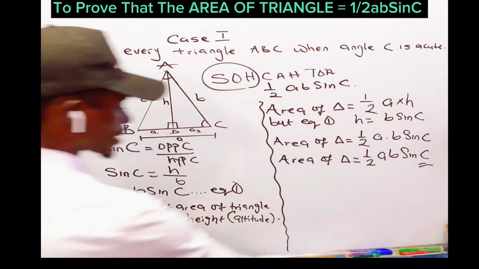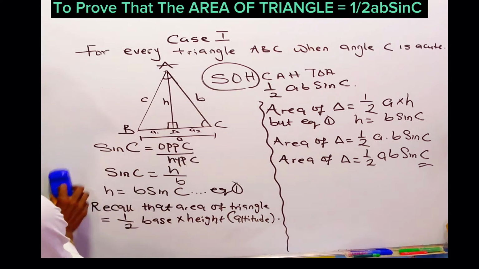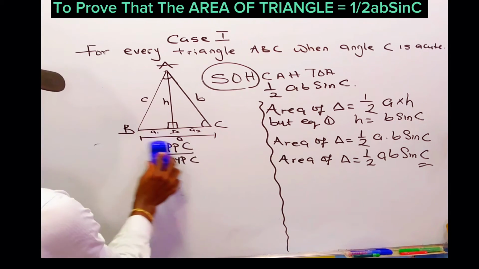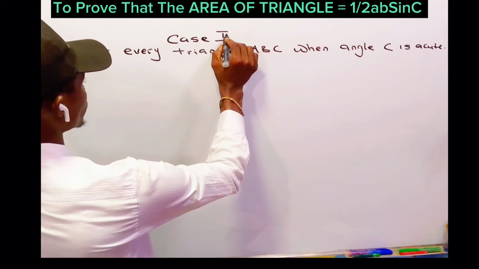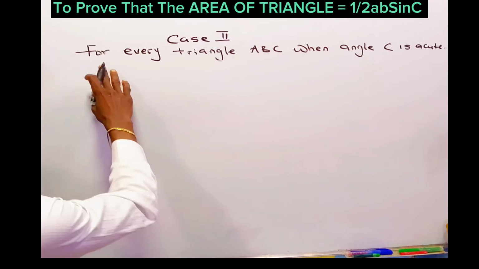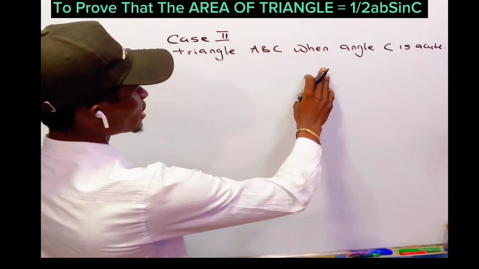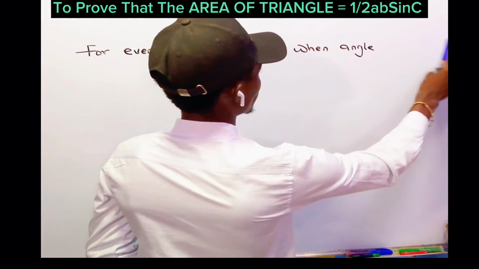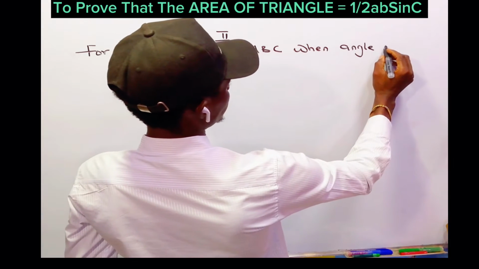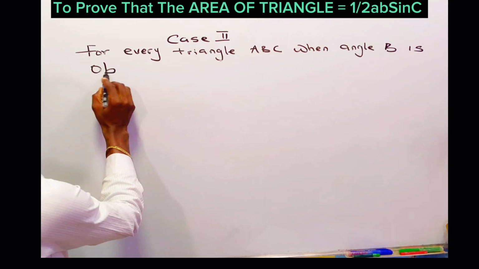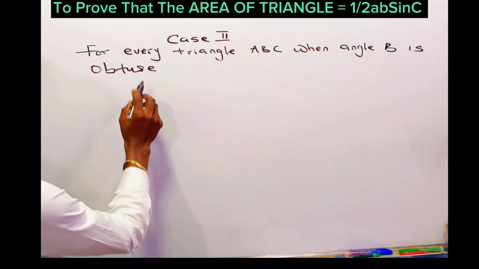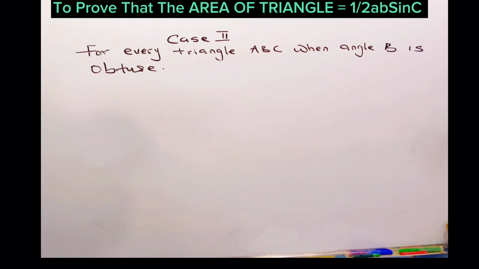And let's also check case 2. For case number 2, for every triangle ABC, this time around, it will be when angle B is obtuse. And of course, for angle B to be obtuse, it means angle B is greater than 90 degrees.